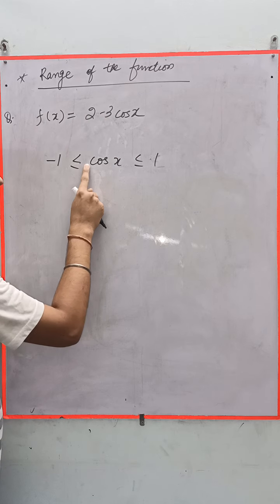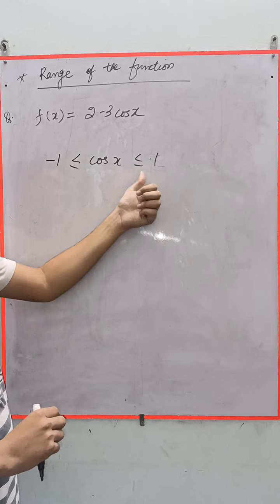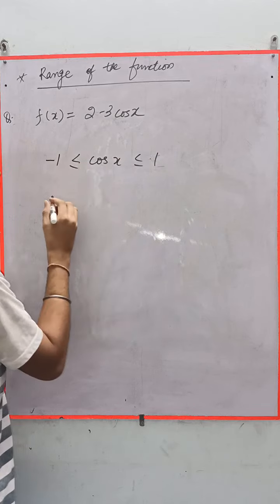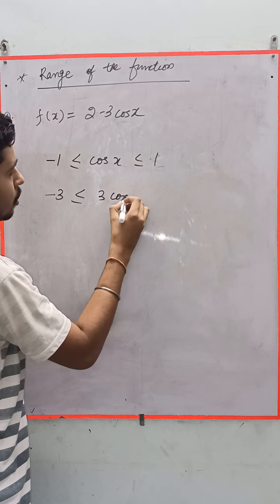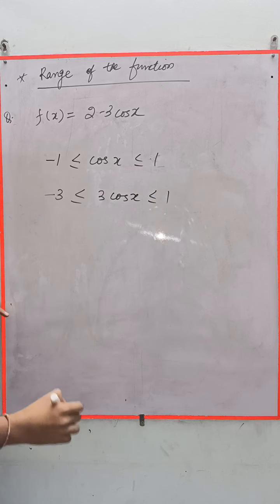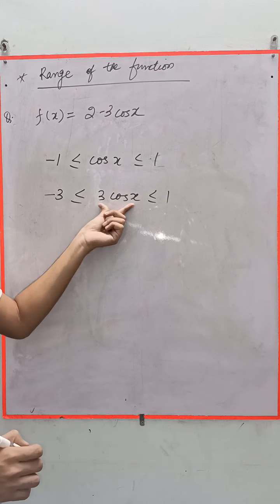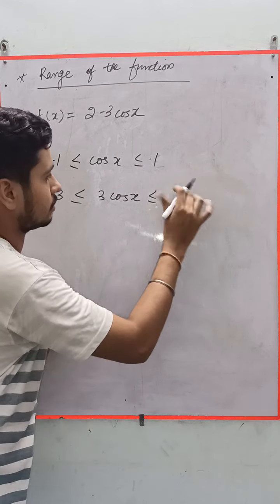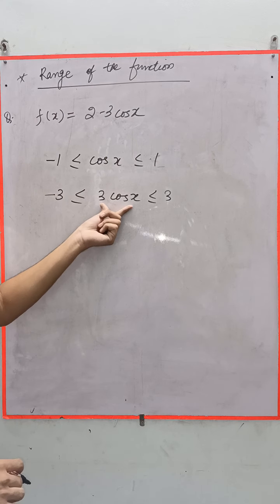So we need 3 here, and this is a double inequality, that means we have 3 sides. So we need to multiply 3 with all of these. So 3 cos x should be greater than or equal to -3 and less than or equal to 3. Okay, so we got 3 cos x.